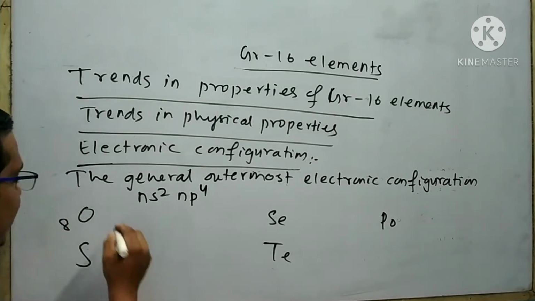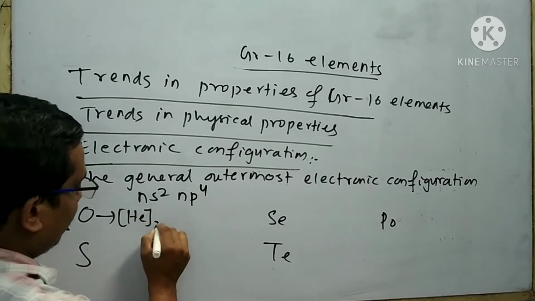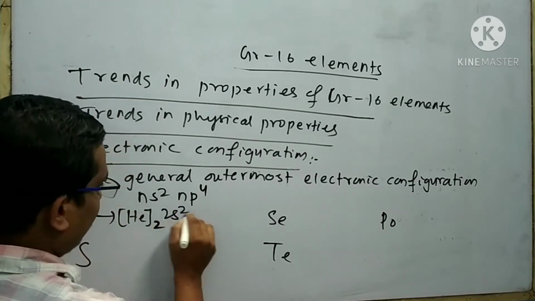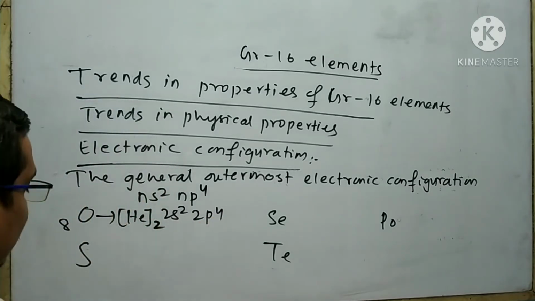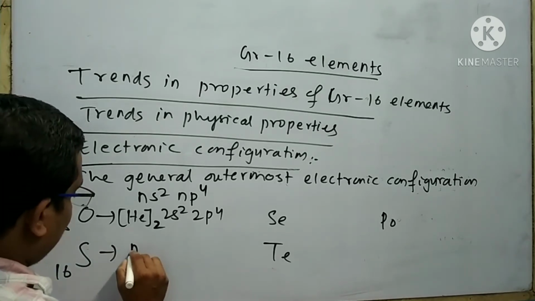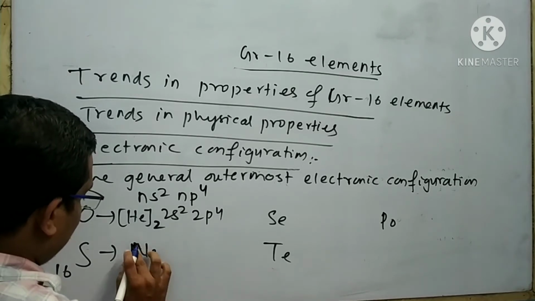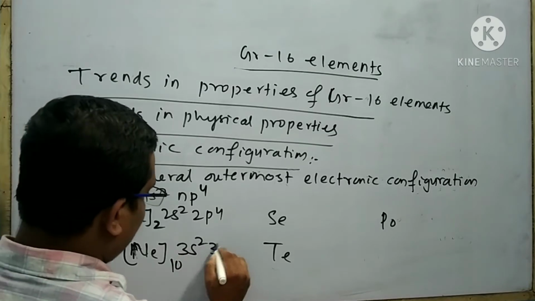The electronic configuration of oxygen is helium 2s2 2p4. The electronic configuration of sulfur, which has atomic number 16, is neon 10 3s2 3p4.